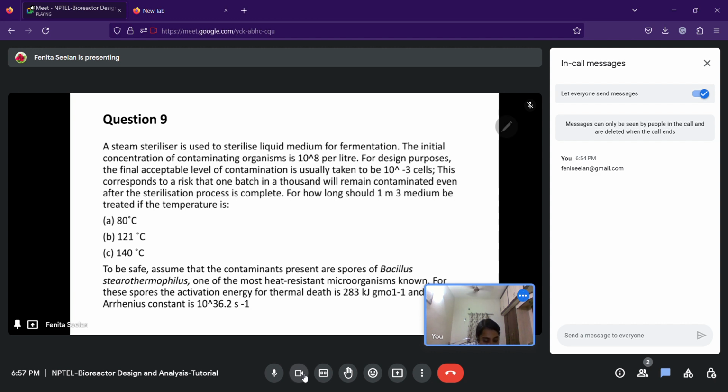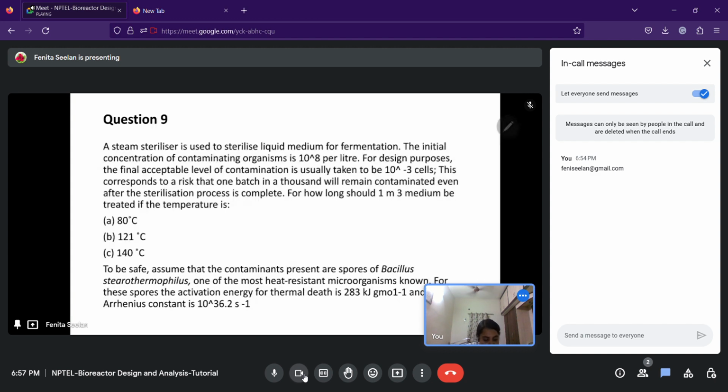For design purposes, the final acceptable level of contamination is usually taken to be 10 power of minus 3 cells. This corresponds to a risk that one batch in 1,000 will remain contaminated even after the sterilization process is complete. For how long should 1 meter cube of medium be treated if the temperature is 80 degrees Celsius, 121 degrees Celsius, 140 degrees Celsius?